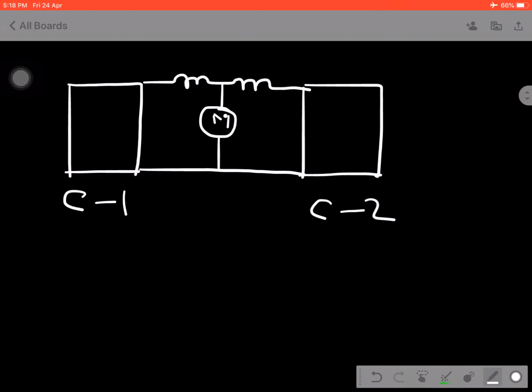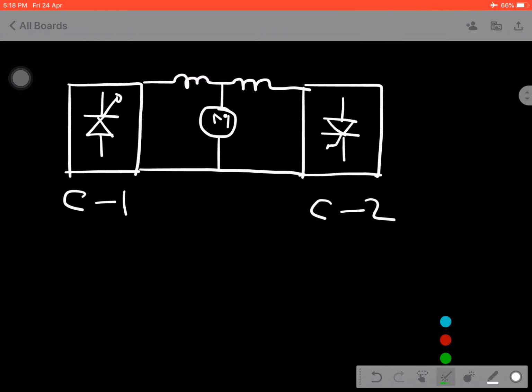We know the converters are connected back to back, so the direction of the switches is opposite for the two.